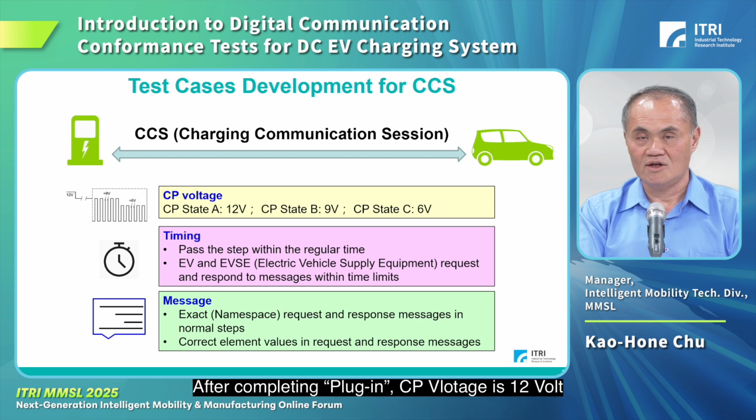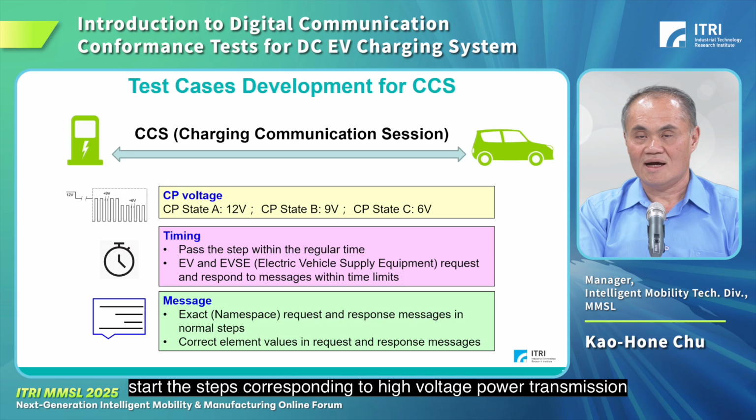After completing the plug-in, the CP voltage is 12 volts. Then it changes to 9 volts and starts the handshake and the subsequent steps. When the CP voltage switches to 6 volts, the steps corresponding to higher voltage power transmission start.